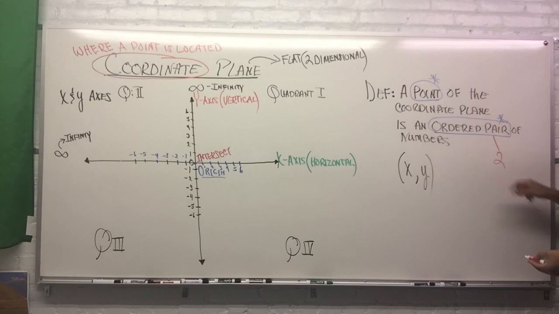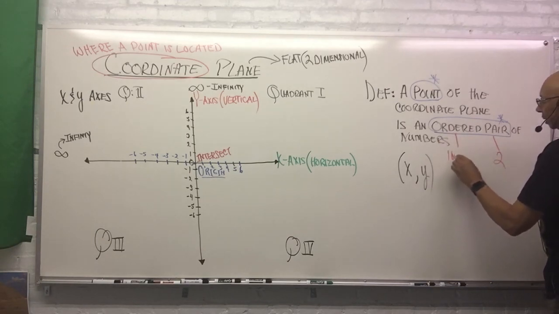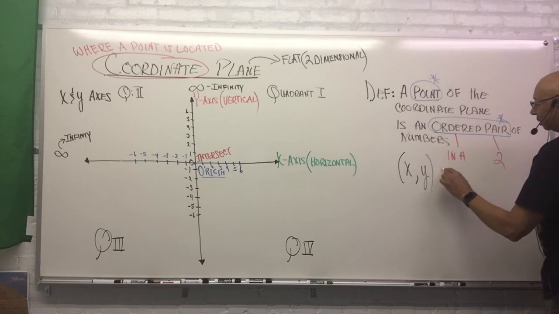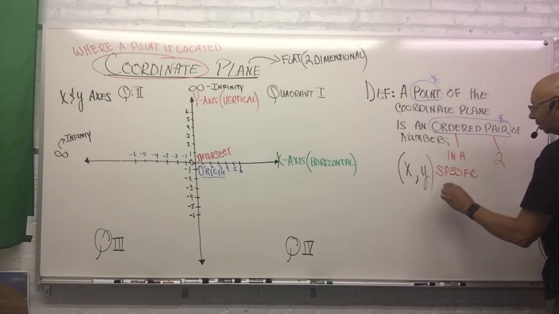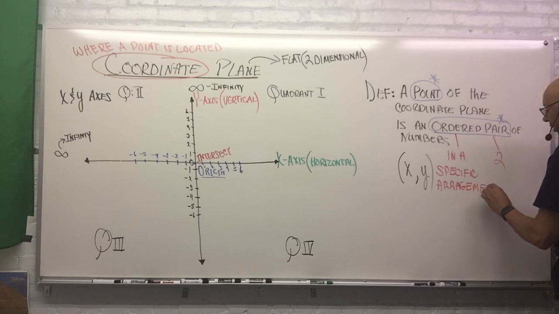So pair means two. So ordered means in a specific arrangement.